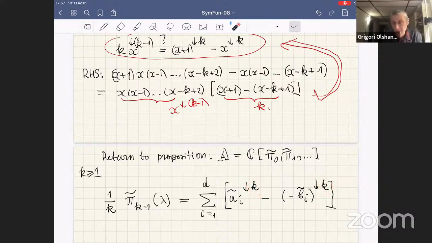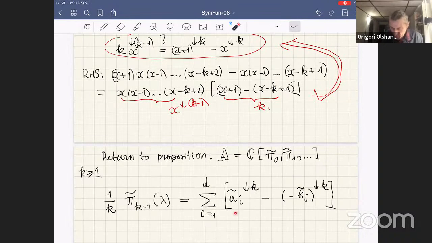But if you change to factorial powers, the result will be the same, for the same reasons as I explained before, because these elements are related to the elements with the ordinary powers by some unitriangular transformations, which do not change anything from our problem.